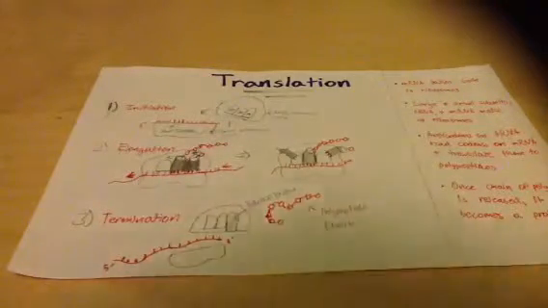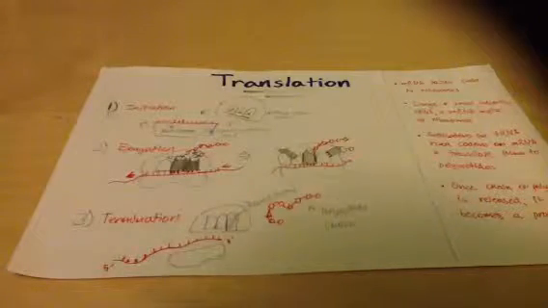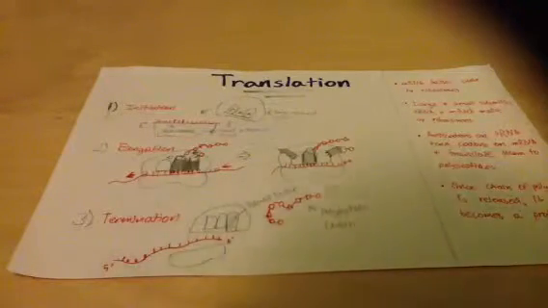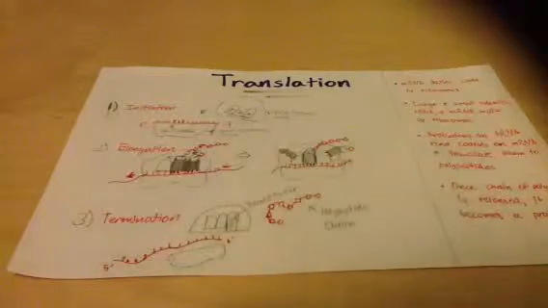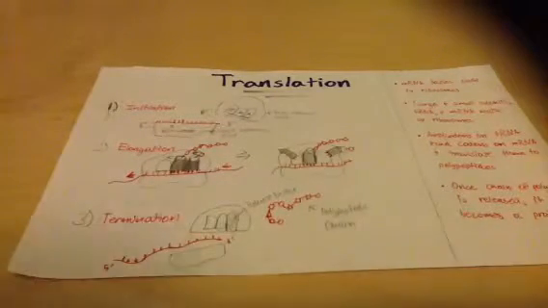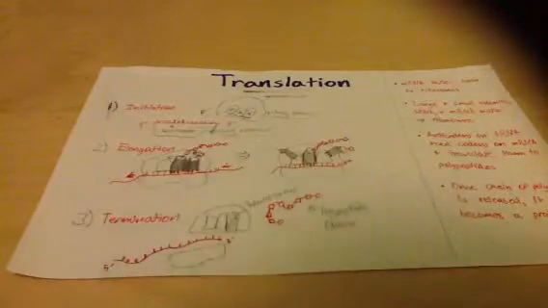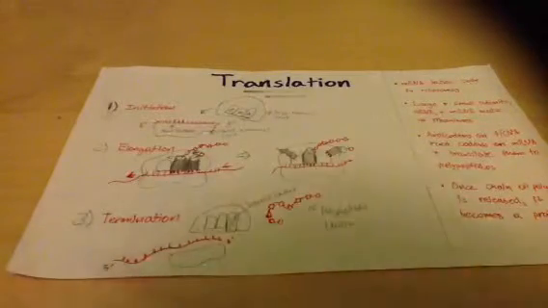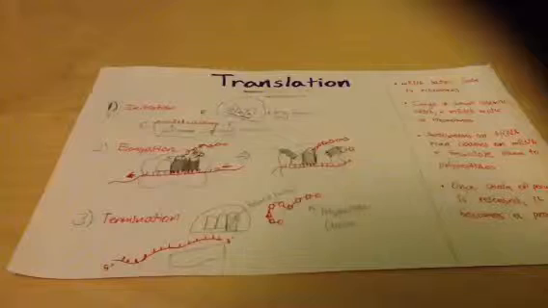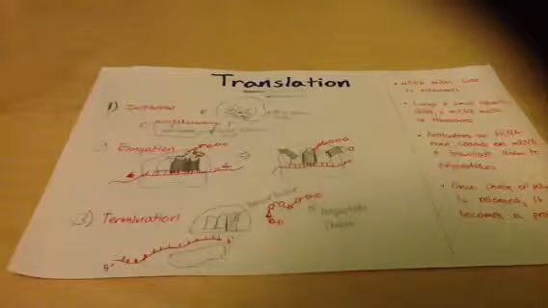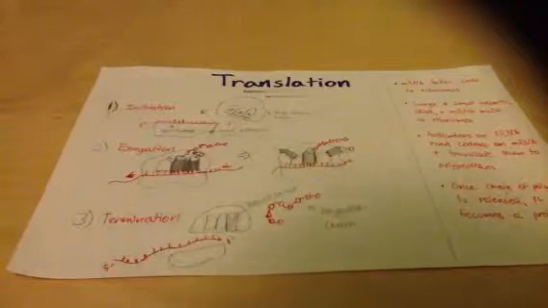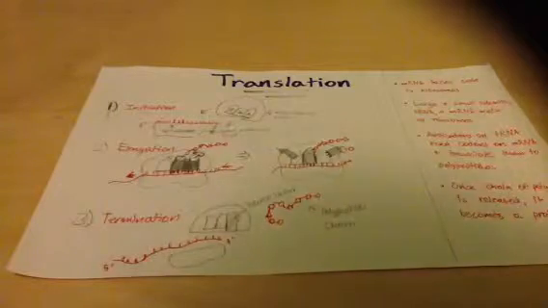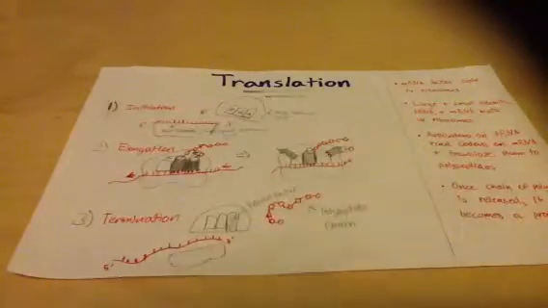In initiation, the mRNA is going to move out into the cytosol. Once it's in the cytosol and other processing has been done to it, the small subunit of the ribosome is going to bind to the bottom of it, and then the large subunit is going to come along and bind to the top. Therefore, the mRNA is already in the middle and it's going to start moving during elongation.